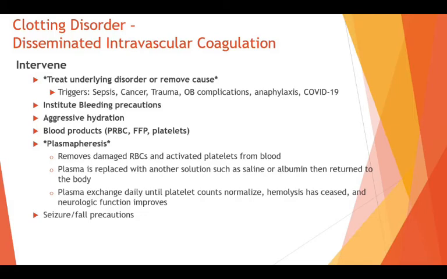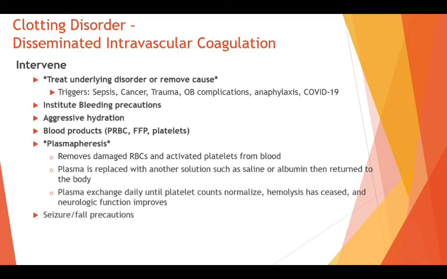Because they're bleeding, we're going to have bleeding precautions. Really, the only treatment for this is to try to hydrate the patient and try to get these clots moving, keep them circulating, keep them from plugging up and causing tissue ischemia. We need to give blood products. Because you're having major bleeds, we're losing red blood cells.